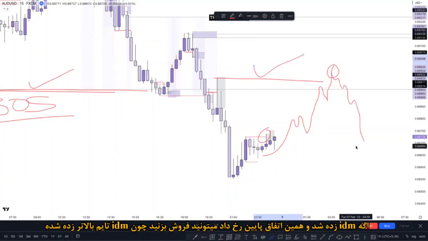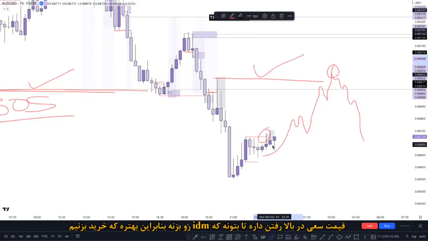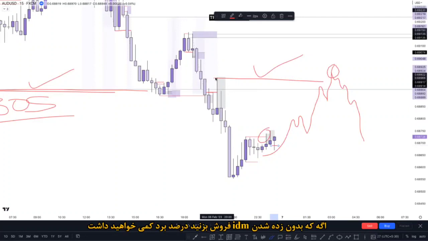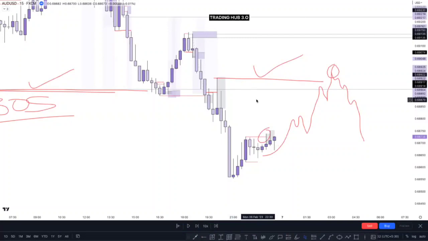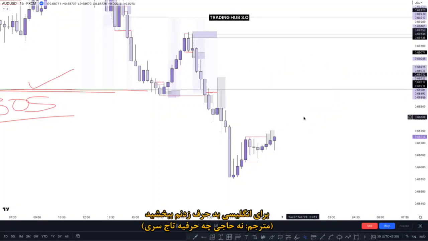That's why we are willing to sell here, right? Market is trying to push upside to take out the inducement. That's why we are planning to buy here, right? If you are selling without inducement, it is very low probability. Okay, sorry for my English actually.